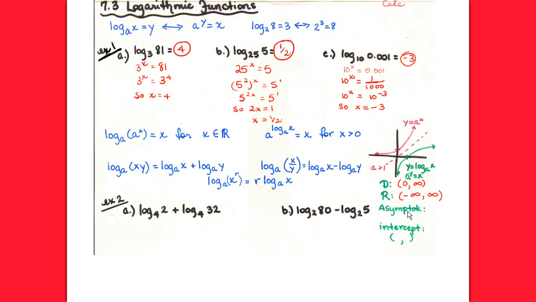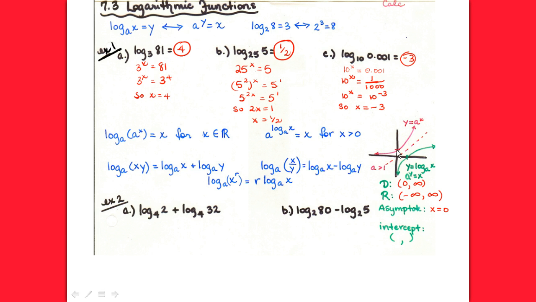We also had two landmarks when we worked with an exponential. Our two landmarks for the exponential were that we had a horizontal asymptote at 0. So for the logarithmic, we're going to have a vertical asymptote at 0. So x equals 0 will be our asymptote. For the exponential, we had a landmark of a y-intercept at 1.